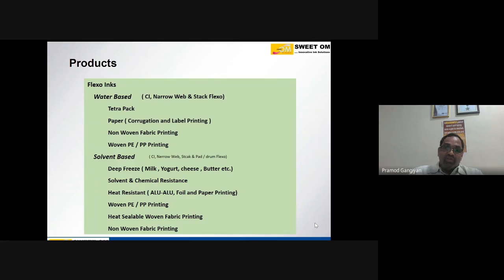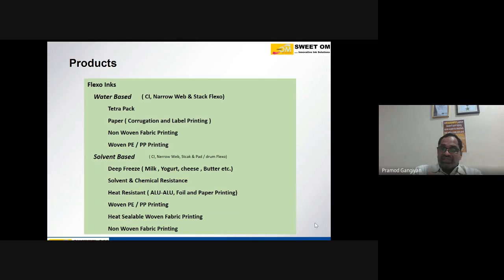Again, there is another dimension. We call it woven PE or PP printing, like cement bags, wheat bags, rice bags, all those big bags, they are called woven bags. There is a coating on top of it. There are different coatings. One bag contains several coatings, as I introduced earlier, because there are different dimensions at the time of storage and transportation.